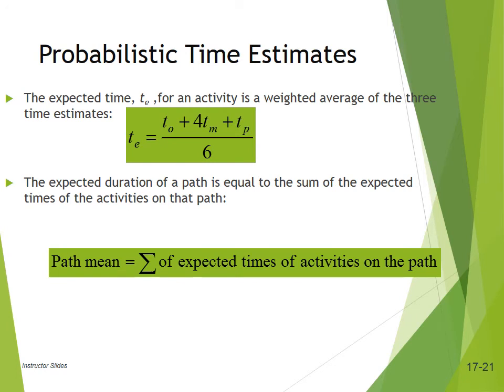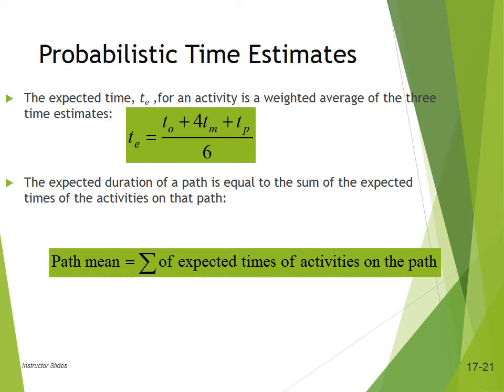Now, if we want to calculate the expected time, we'll use this model. It is the optimistic time plus 4 times the mean time or the most likely time, plus the pessimistic time. If you divide that by 6, you are basically doing a weighted average of all those.